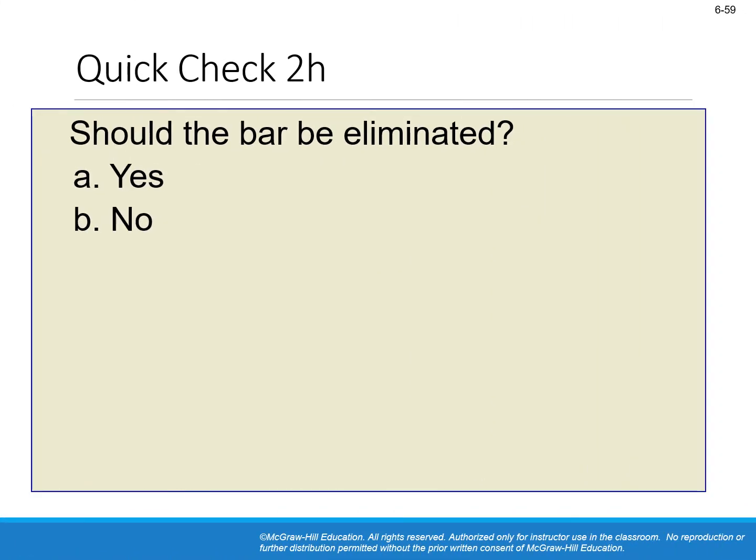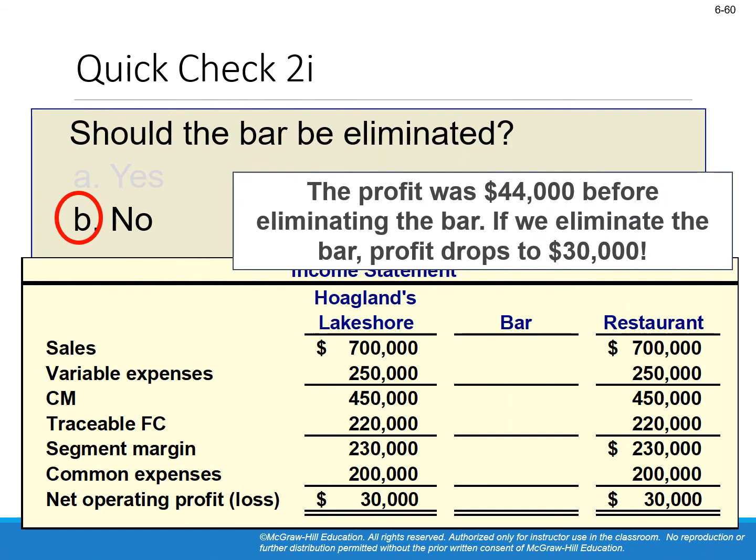Now the answer is very simple. If you eliminate the bar, you will be losing its net operating income, and the $200,000, which are the common fixed expenses, will stay there. So apparently you should not eliminate the bar because you will be losing $14,000, which was the segment margin.